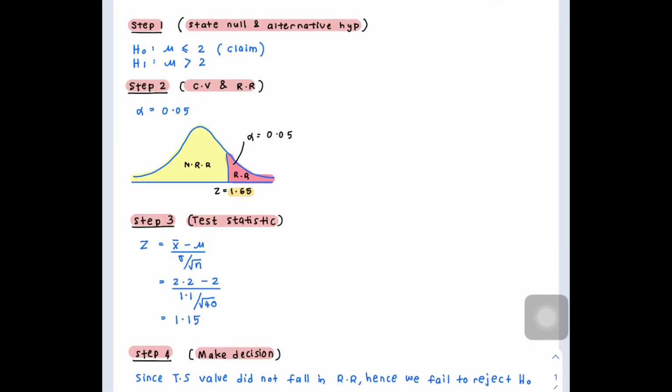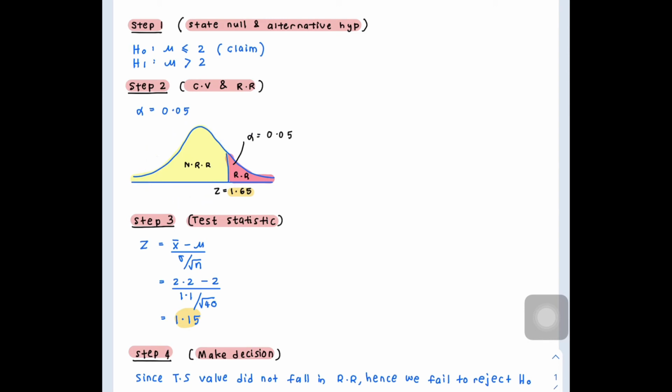Okay, next step is you have to make a decision. How you make the decision, whether you are rejecting null or failing to reject null, is based on the test statistic value. So check whether this value falls in the rejection region or non-rejection region.